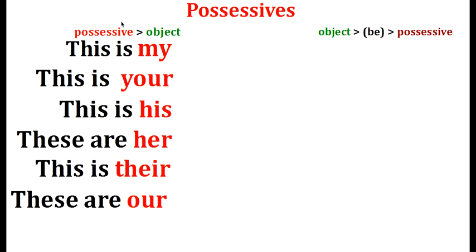Okay, so we looked at these possessives. My, your, his, her, their, and our. Remember, these possessives use the possessive, then the object. For example, this is my car. This is your car. This is his dog.